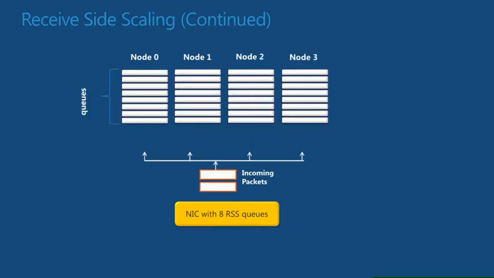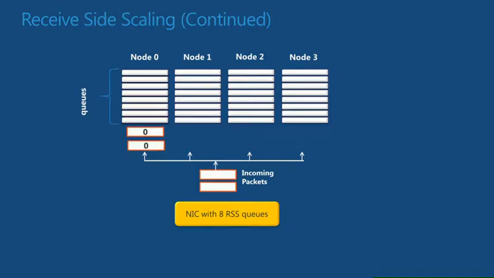So this is how it works with Windows Server 2008 R2. You have a node, it sees node 0, and within the processors in that particular node, it's just rotating. So any packets that are coming are actually waiting till any of these processors get free. But you still have 75% of your CPU resources that are not utilized at all.